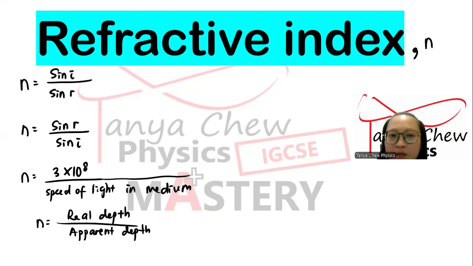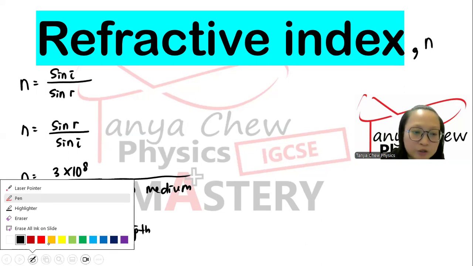Most of the time you cannot get them. Why? Because the fish appear to be close to the surface of the water, but the real depth, the real location or position of the fish, is deep down in the water.